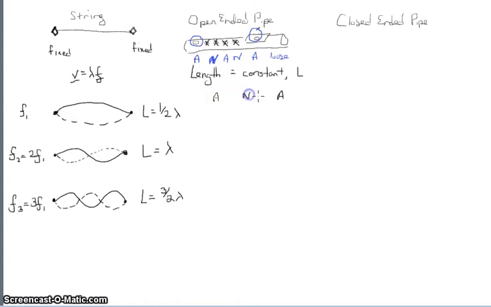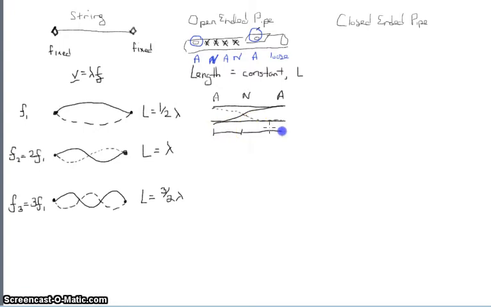antinode, node pattern. Below this, the two lines I'm drawing represent a cross-section of the pipe itself. If you cut the pipe in half and look at it sideways, you're going to have an antinode, node, antinode pattern, which means your standing wave is going to look as follows. From here to here would be antinode to node, and that's half of a loop.